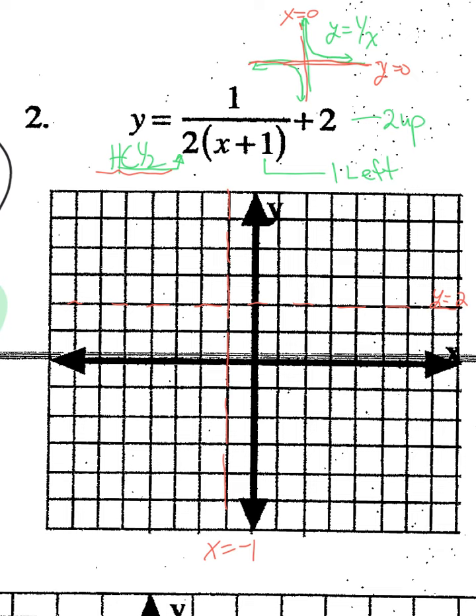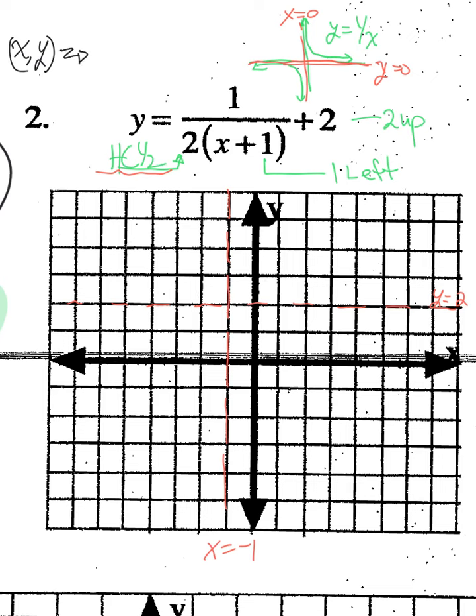And then you should be expecting this to look kind of the same as the original function with that horizontal compression of a half. Let's do the mapping and look at what happens to any point x, y on the original function.